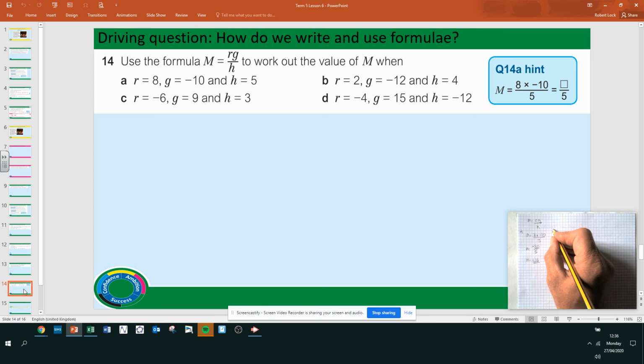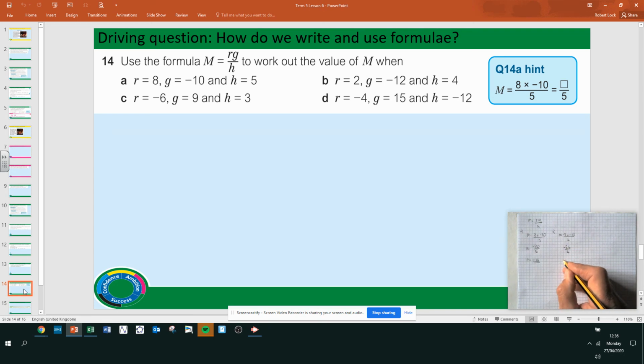B. M equals R, which is 2, times G, which is minus 12, divided by H, which is 4. So 2 times 12 is 24. Negative and positive makes a negative. Divide by 4. So 4s into 24 is 6. So the answer is M equals minus 6.